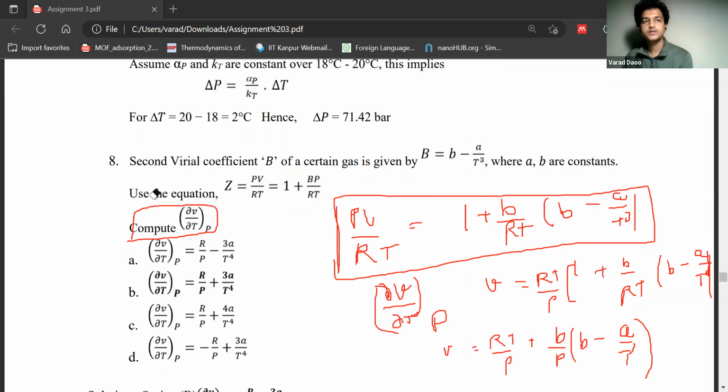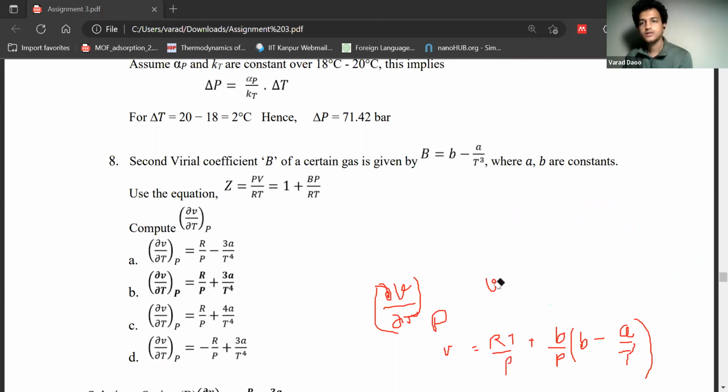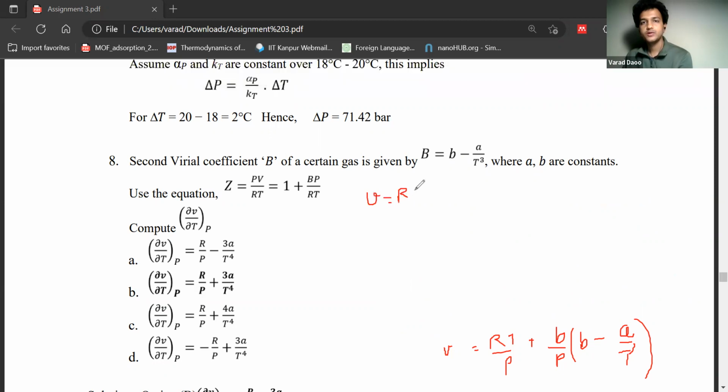Let me just make some space. Okay, that means V equals RT by P plus B square by P minus AB by PT cube.